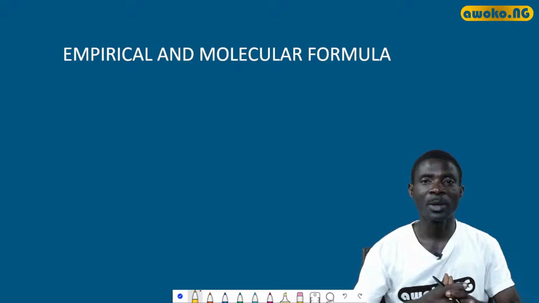While the molecular formula goes into detail to show the actual number of atoms of the individual elements that are present in the compound. There are some cases in which the empirical formula and the molecular formula of a compound can be the same.